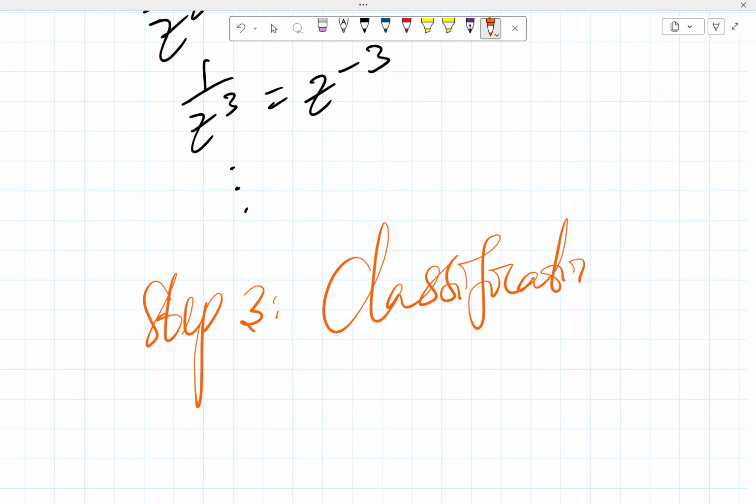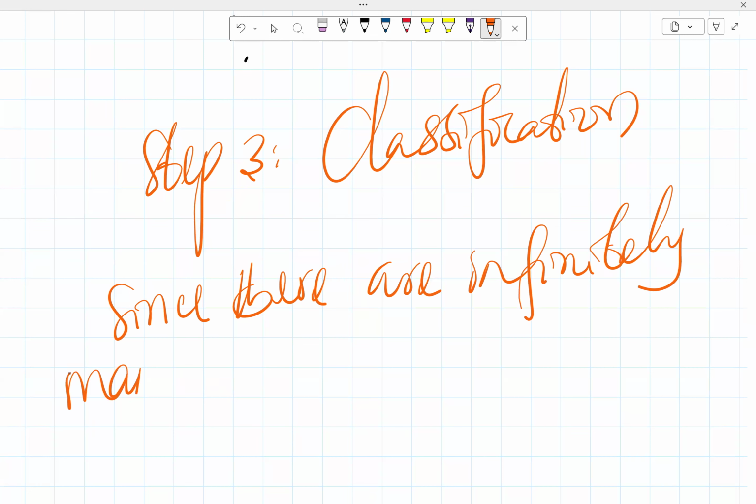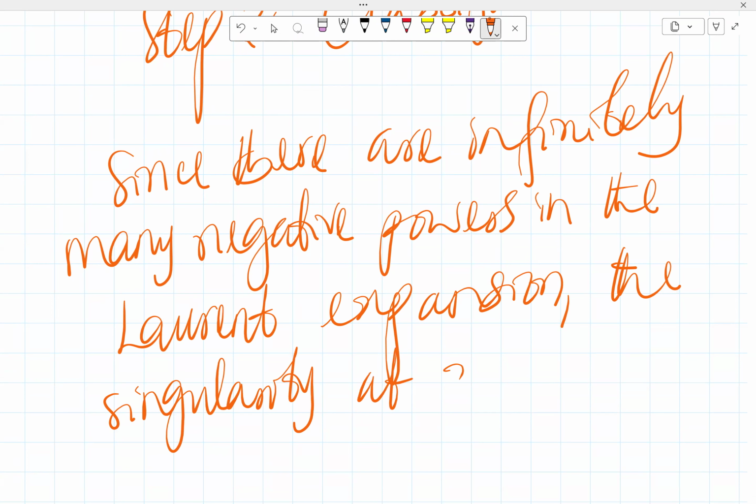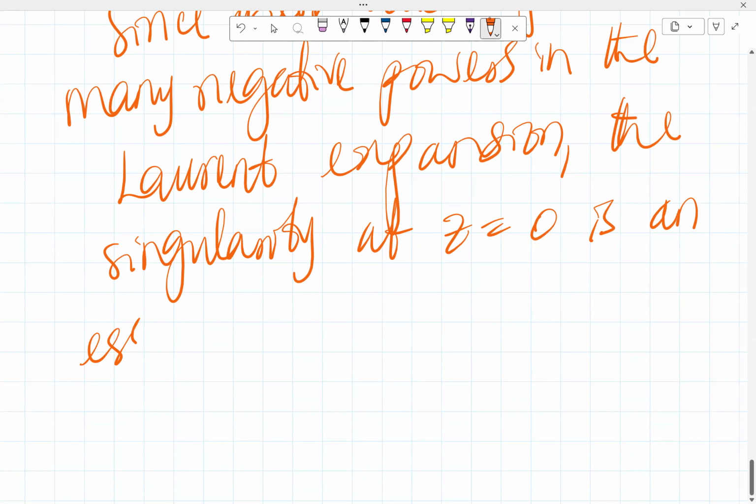Since there are infinitely many negative powers in the Laurent expansion, the singularity at z equals 0 is an essential singularity.